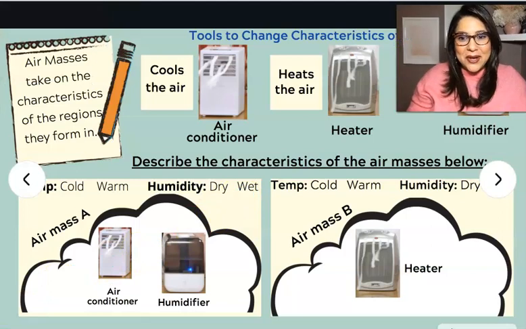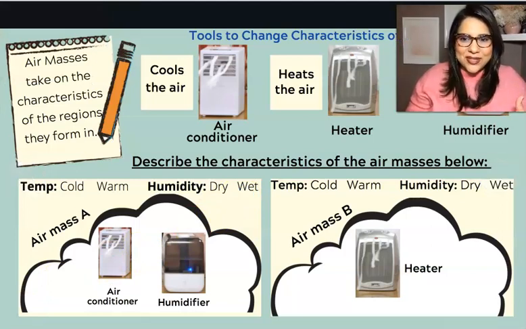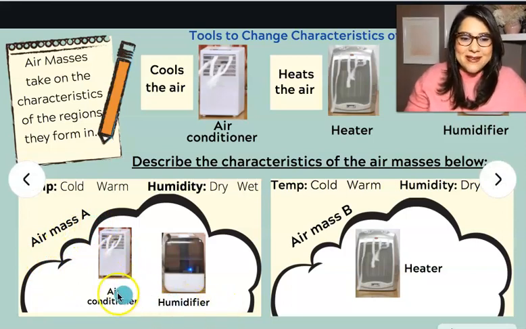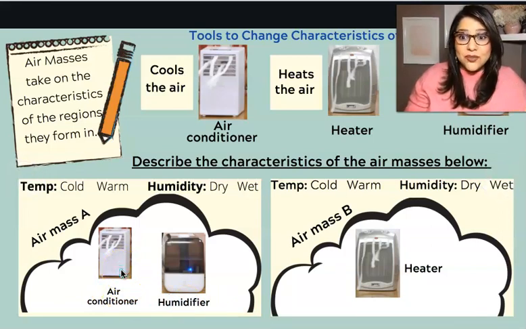All right, so I hope you guys had some good practice there. Let's go over these air masses together. If we observe air mass A, we notice that there's an air conditioner and a humidifier. I know that air conditioners make the air cooler. That's why we love to turn them on in the summer.